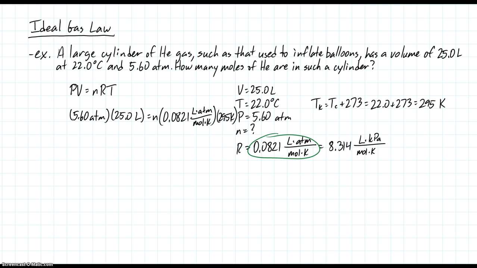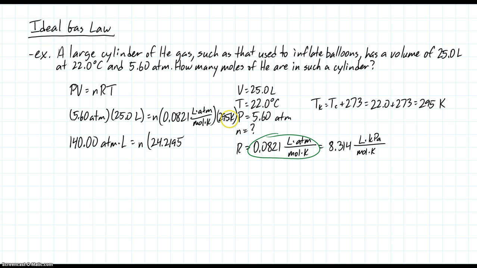And so on the left-hand side, we have 140.00 atmospheres times liters. And on the right, we have N times, and let's actually keep all digits here, 24.2195.